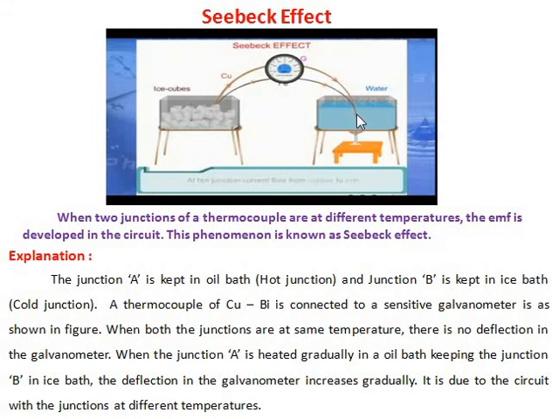The energy they gained from the water bath, they give out across this junction, utilizing it to move from lower concentration to higher concentration. Therefore most of the electrons accumulate across this junction, so a potential difference develops across these two junctions. Hence a thermo EMF is exhibited.